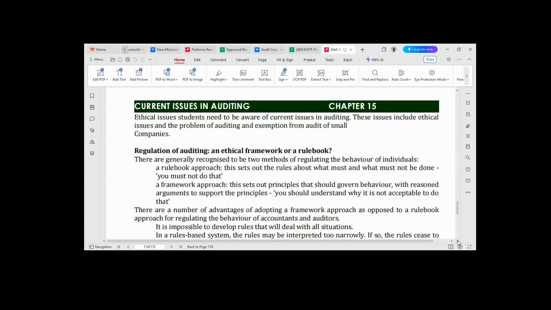There are certain principles you need to follow as an external auditor. Follow those principles and you are fine. So rather than micromanaging the external auditors, the ethical framework approach gives them the liberty to act within the ambit of those principles, of the framework.